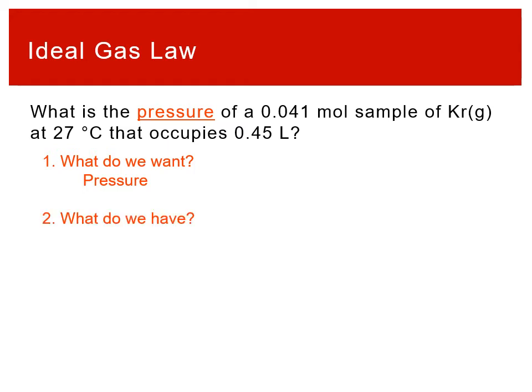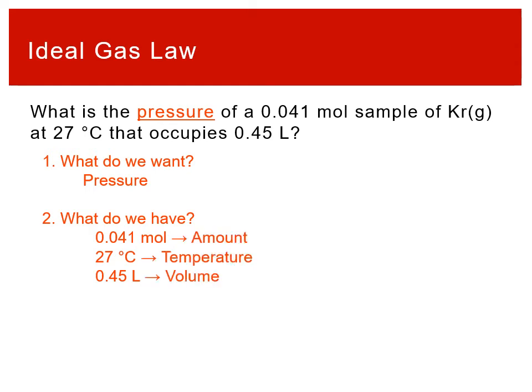And so we want to think about, well, what do we have? What other variables are given to us? So we can see we got moles, we got degrees Celsius, and we've got liters. You will note that is an amount, that's a temperature, and that's a volume. You will note that none of these are pressures. Since none of them are pressures, what that implies is that this isn't a change, right?